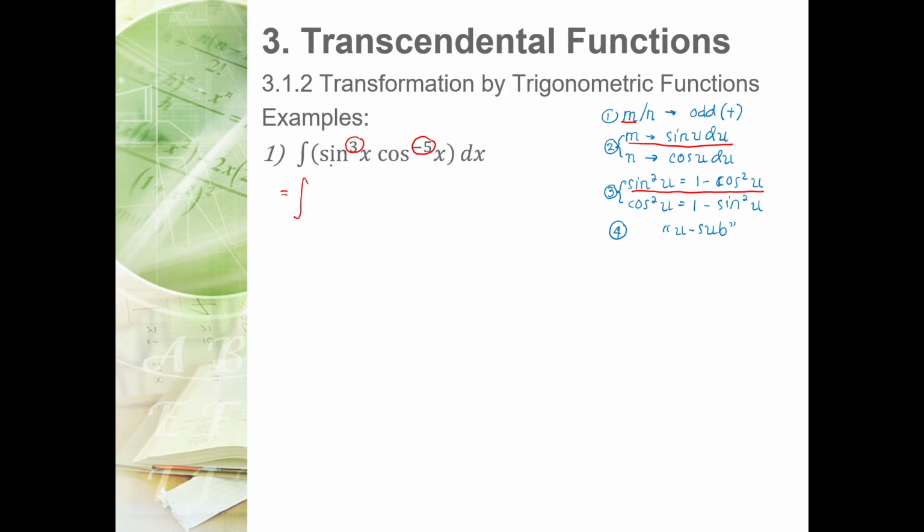Since we factored out sine x dx, this becomes sine squared x, then cosine to the negative 5x. This is the time we write the factored out term on the right side. In common practice we usually put the factored out term on the left side, but in this case we place it on the right side because this serves a purpose for the u sub technique later on.